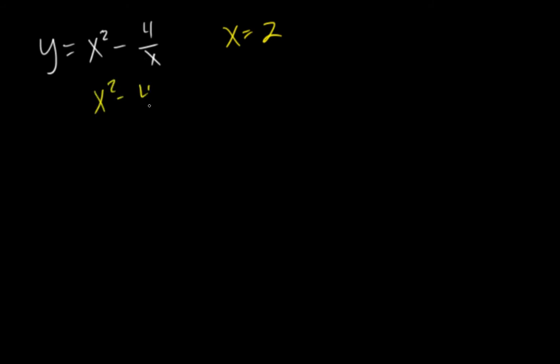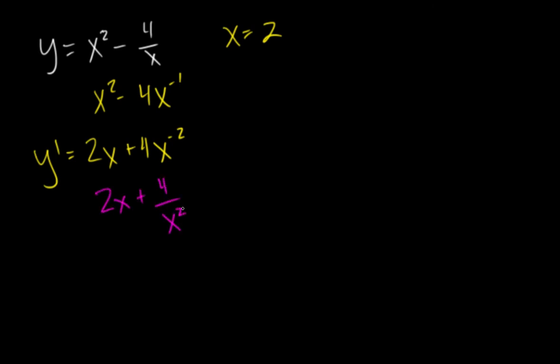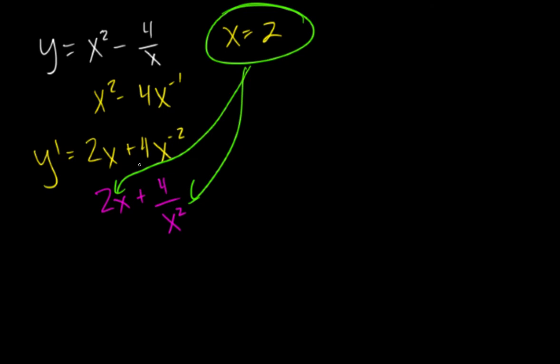So we rewrite it like this, do the algorithm, and then this is our y prime, or our derivative function. I'll rewrite it as that. And now the extra step is we just need to plug this in to both those x's.